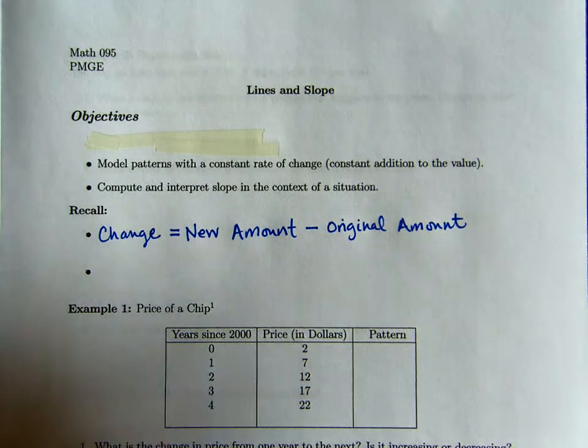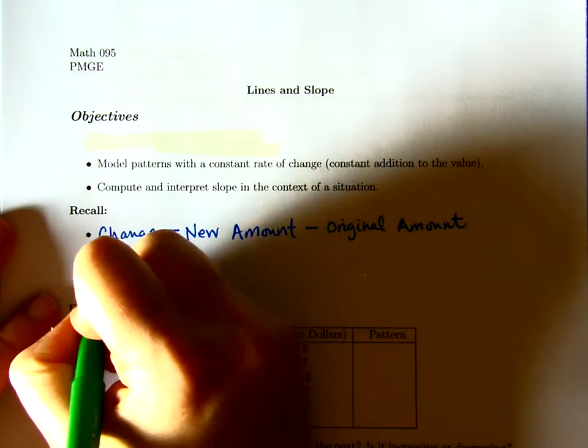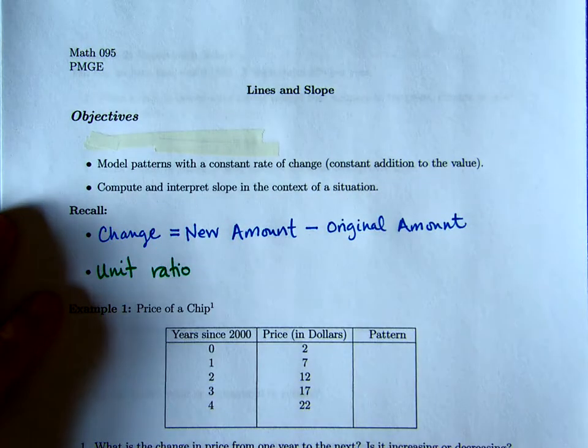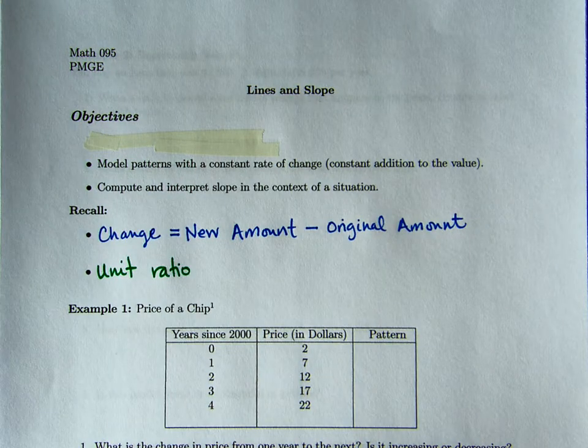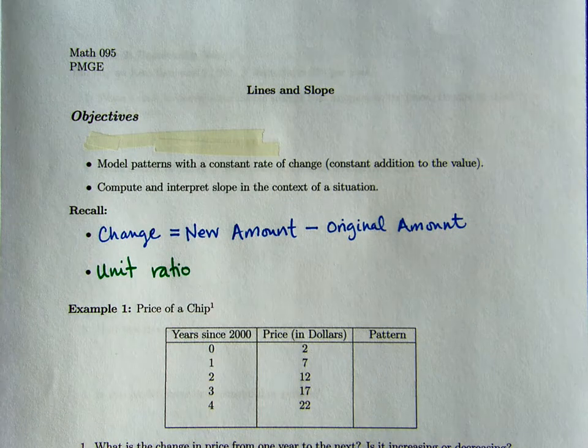And I also want to remind you that a unit ratio is still a ratio, but it's equivalent with a 1 instead of numerical values that are other than 1.